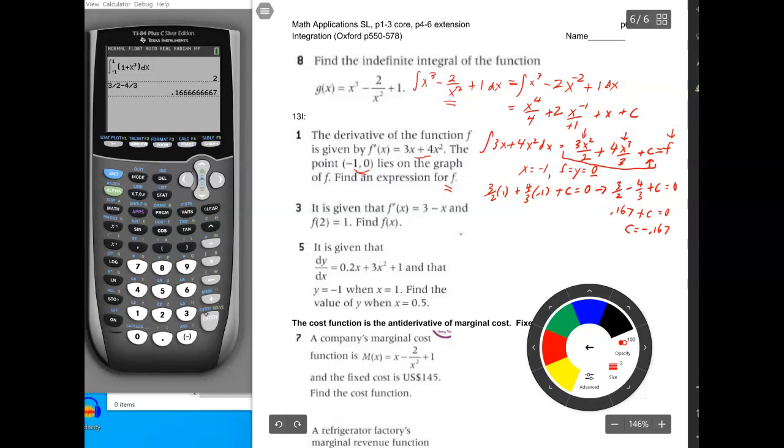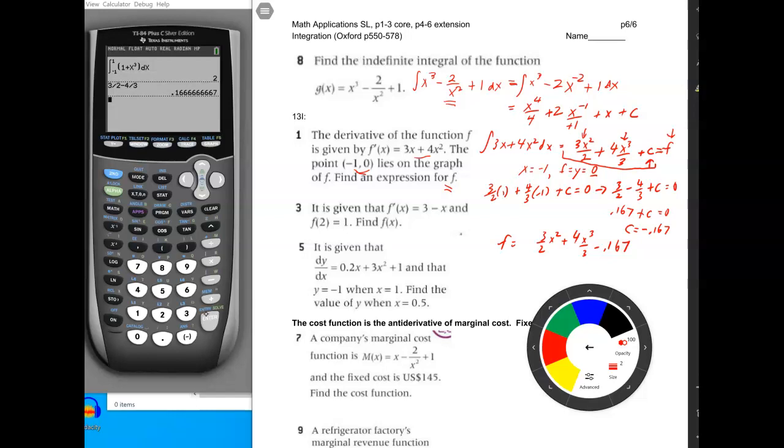Blah, blah, blah, plus blah, blah, blah, plus c. So instead of c, we're going to put negative 0.167. So we'll write it down. We'll write f is equal to 3 halves x squared plus 4x cubed divided by 3 minus 0.167. And that's our answer, because they wanted us to find an expression for f, and that's our expression for f.